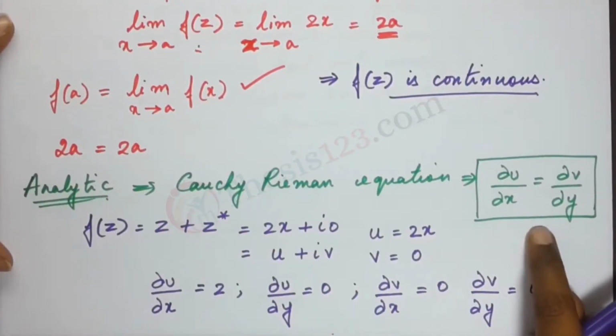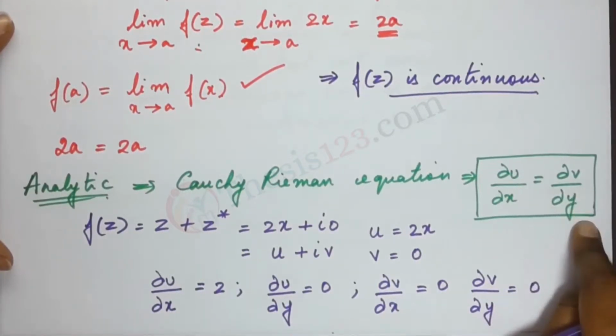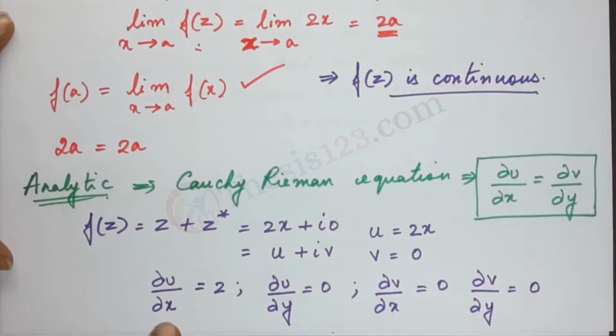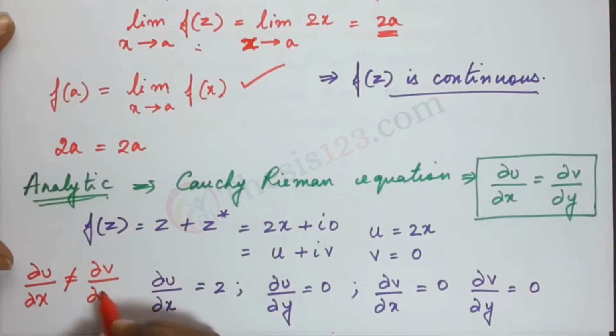Now look at the Cauchy-Riemann equation over here. ∂u/∂x should be equal to ∂v/∂y. But we see here that ∂u/∂x, which is 2, is not equal to ∂v/∂y. So I'll write that down here: since ∂u/∂x is not equal to ∂v/∂y, it is not analytic.